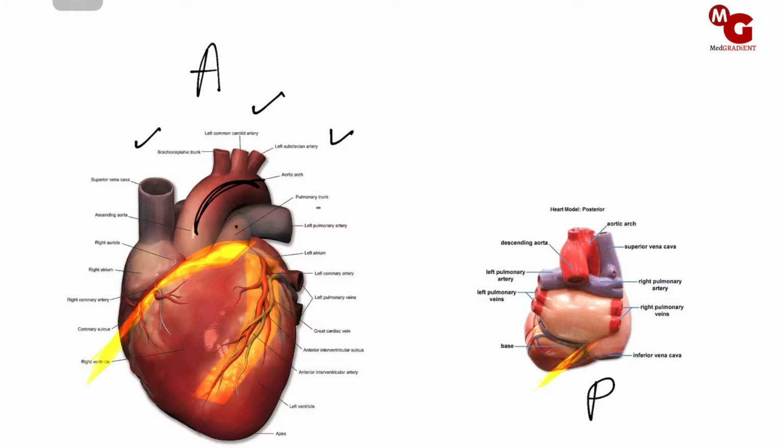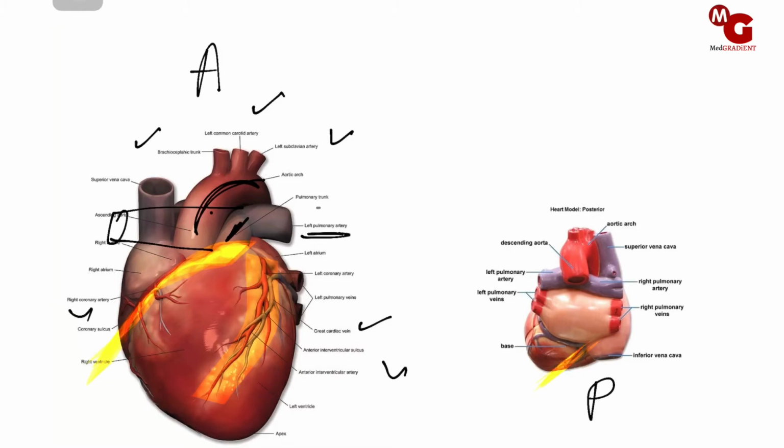And after we have the pulmonary trunk, we have left pulmonary artery and a similar right pulmonary artery leaving from here, and we've got the great cardiac vein in the anterior interventricular groove, and then we have the anterior interventricular artery, right? And in the coronary sulcus we have the right coronary artery.